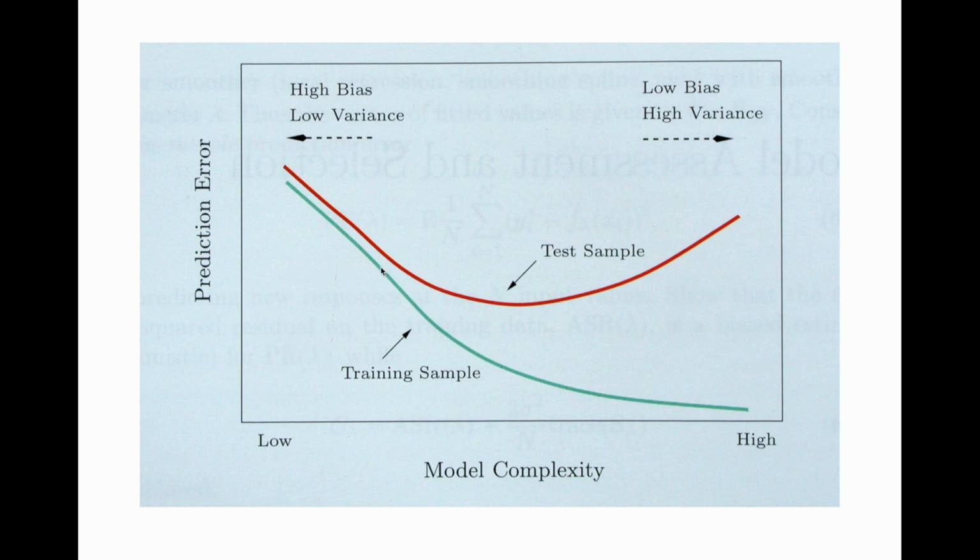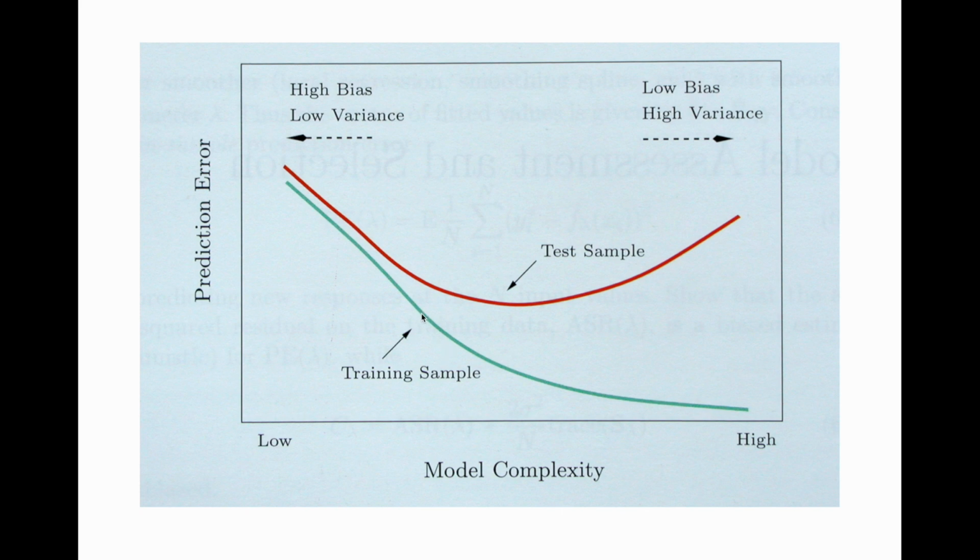As we increase the model complexity, as we increase the degree of the polynomial, from first order to second order to third order, what will happen? Our training error rate will go down. Why will it go down?